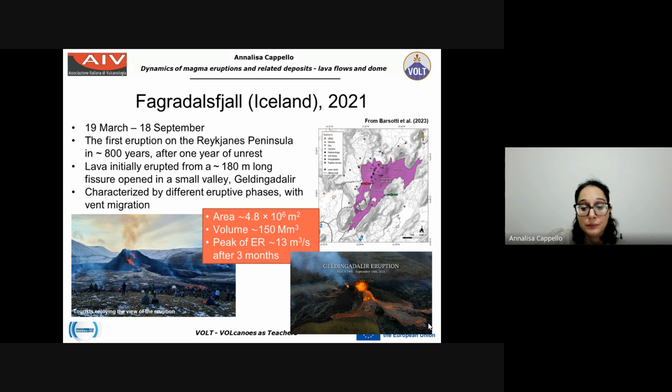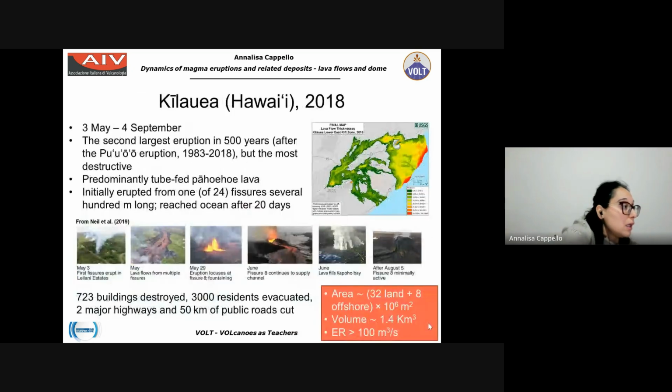And then another important eruption was in Kilauea in 2018.